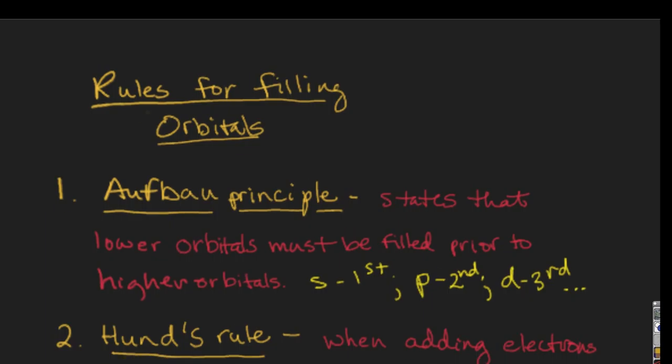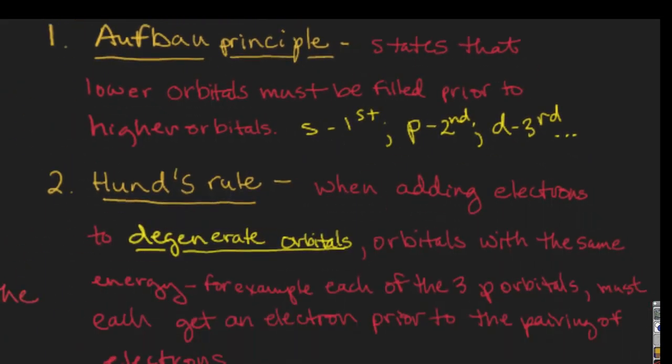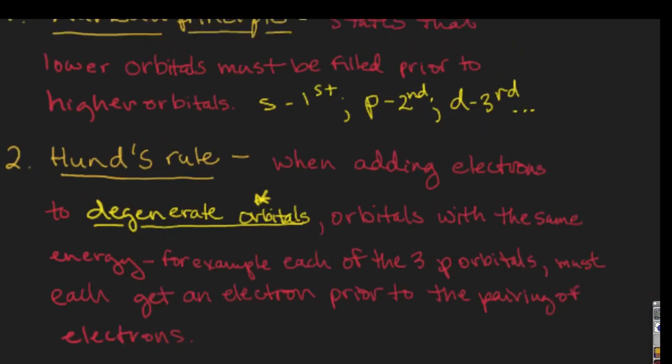Then there's Hund's rule. Hund's rule basically says whenever we have these things called the degenerate orbitals, they have to all be containing one electron prior to pairing them up. For instance, if I have 3 p orbitals, if you remember from the orbital discussion, there's one in each direction, px, py, and pz.